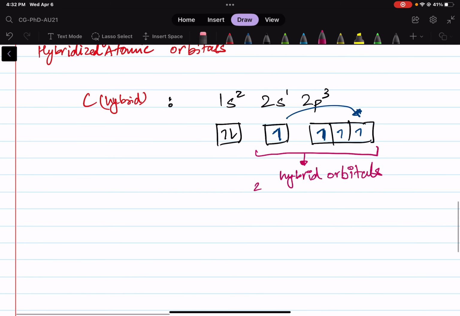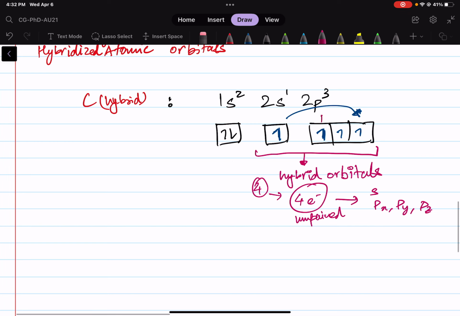And because there are 4 hybrid orbitals that we created, giving us 4 unpaired electrons, there was 1 s orbital involved and 3 p suborbitals involved, which are px, py, and pz.